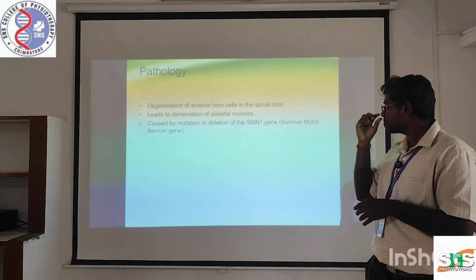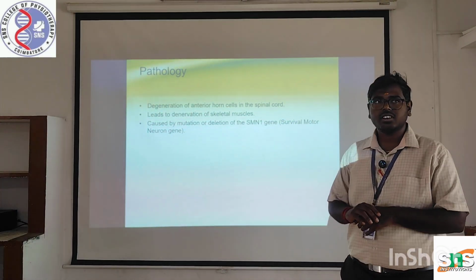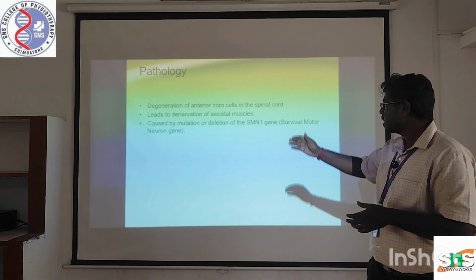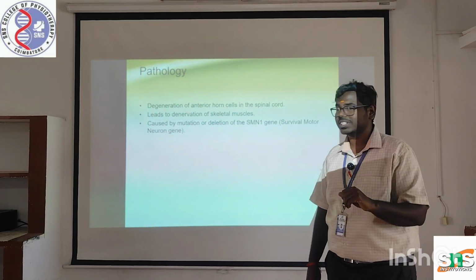It generally involves degeneration of the anterior horn cells, which are present in the spinal cord, and due to that it leads to denervation of the skeletal muscles.